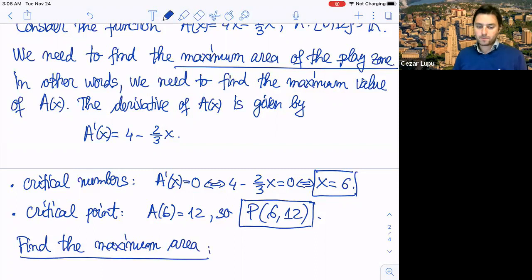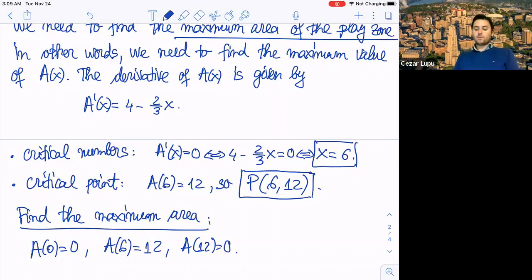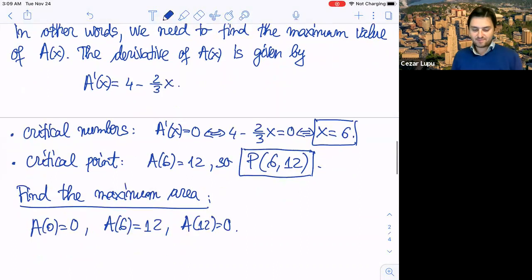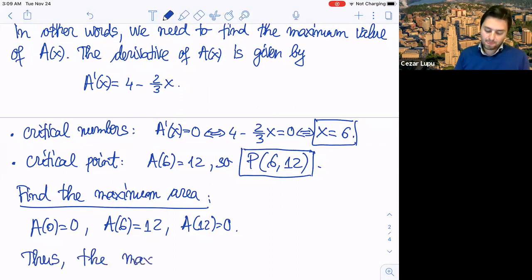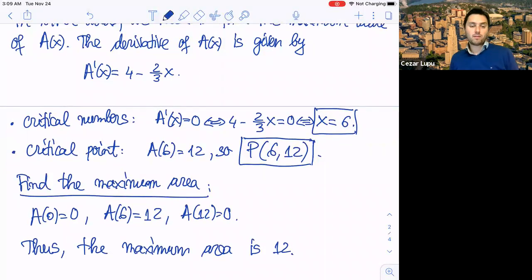We know that A of 0 is 0, A of 6 is 12, and A of 12 is 0. So the maximum area will be 12. When is it attained? When x equals 6.